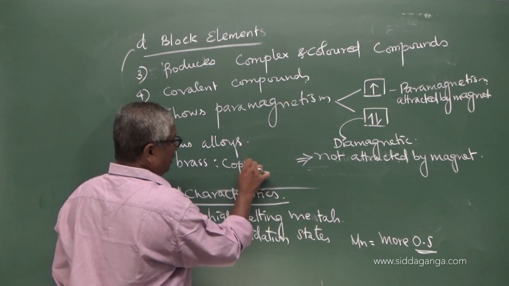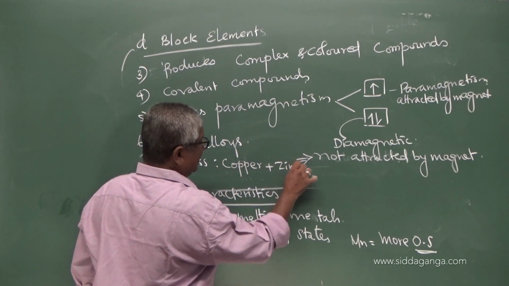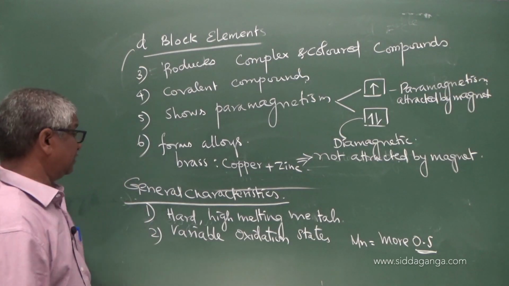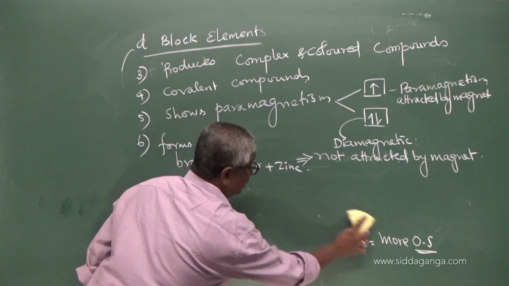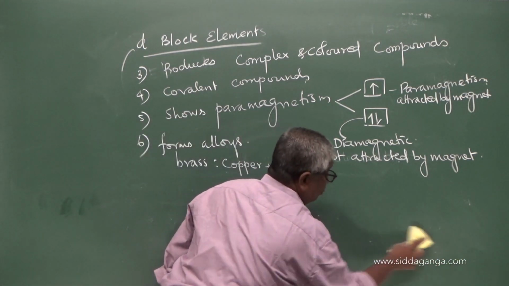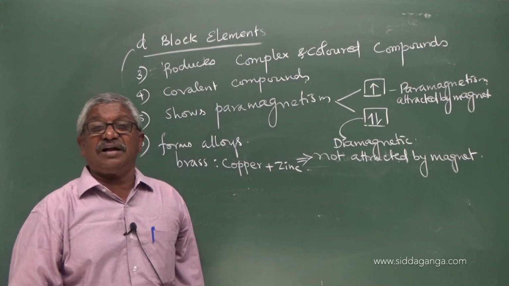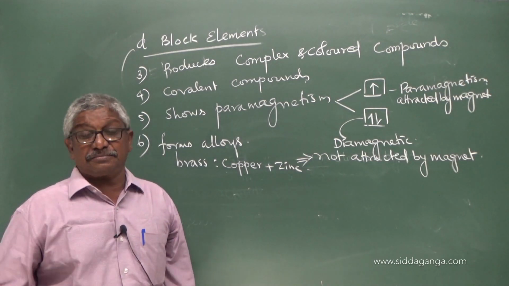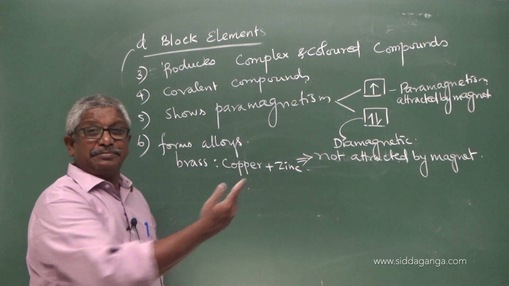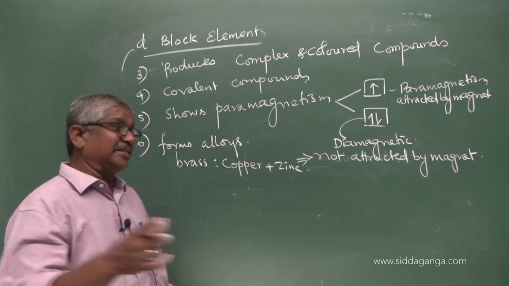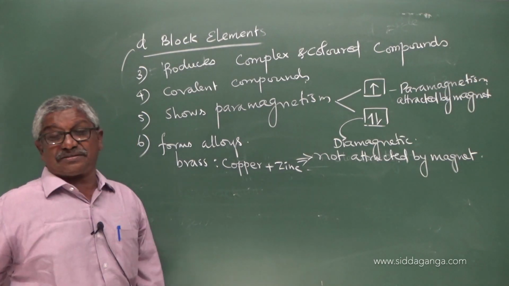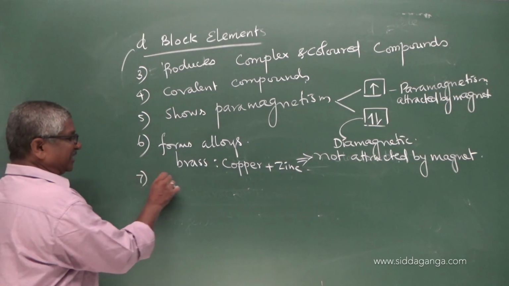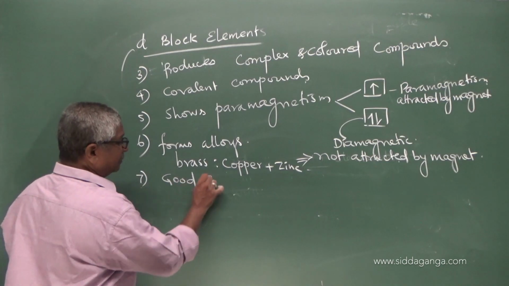Alloys are solid solutions, a homogeneous solid solution is called an alloy. Here metal and metal combine to form the alloy. One metal is copper, another metal is zinc. Both combine, then there is formation of brass. Next, it is a good conductor of heat and electricity.